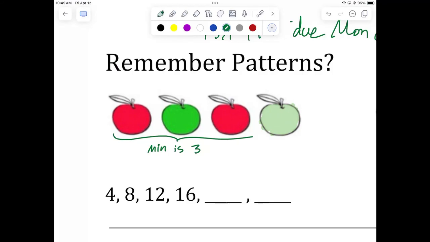Red, green, red could be red, green, red, red, red, green, red, red, red, green, red, red. Basically, if we're trying to communicate a pattern to someone, it's our job to list enough pieces so that the person recognizes the pattern. So the more sophisticated the pattern is, the more things you need to list for someone to be able to visualize that pattern. Got it? But if it's a basic pattern, then that's good.